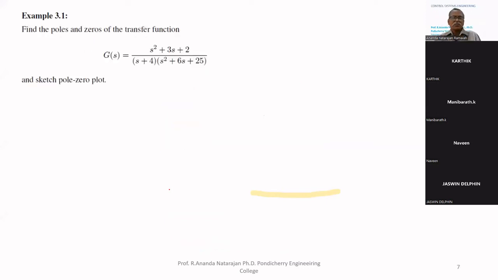Find the poles and zeros of the transfer function and plot them on an S plane.